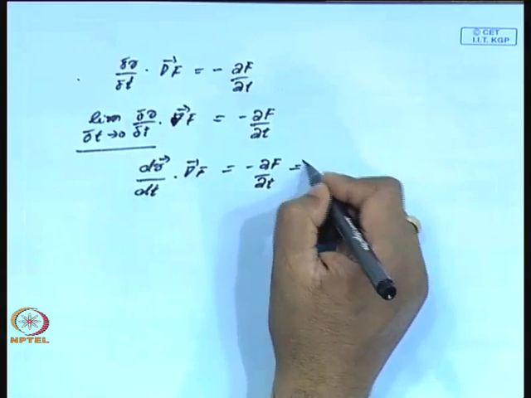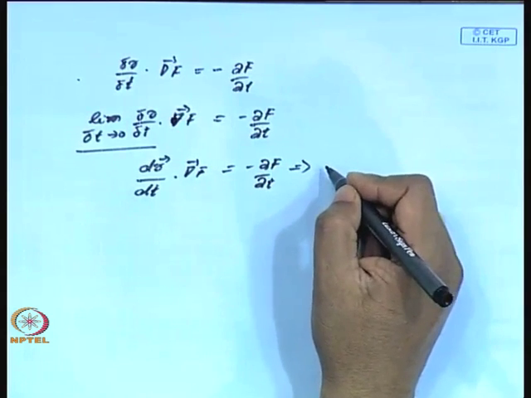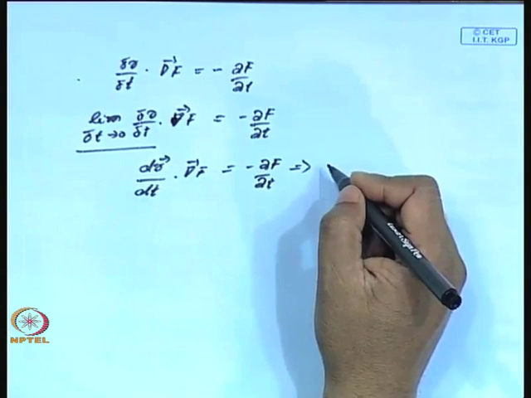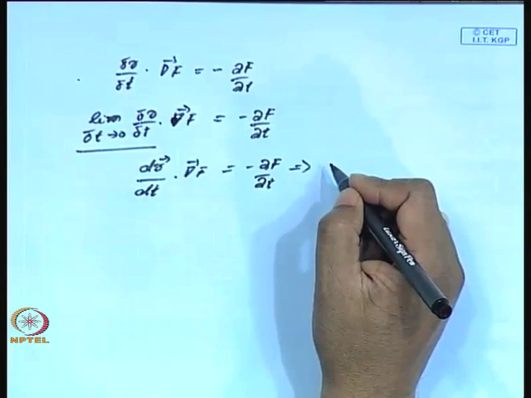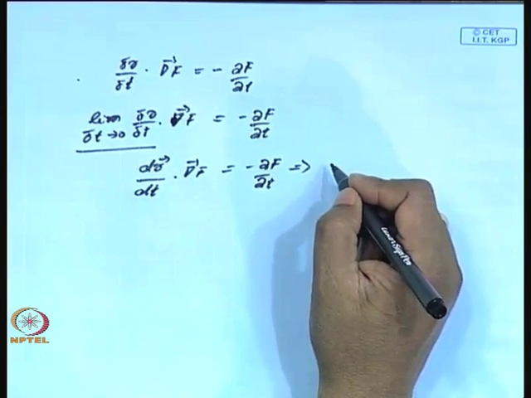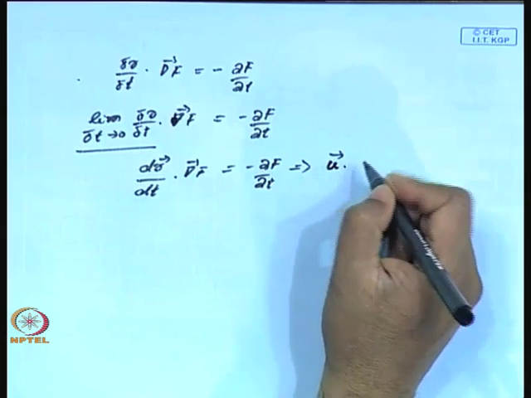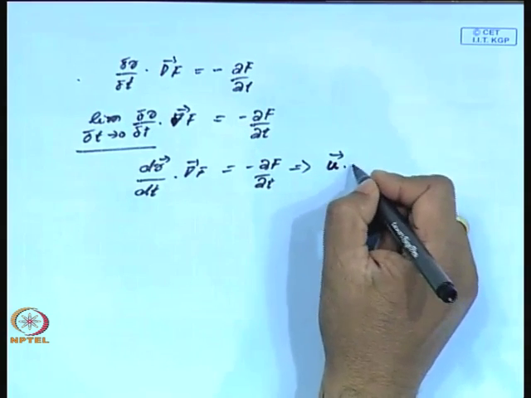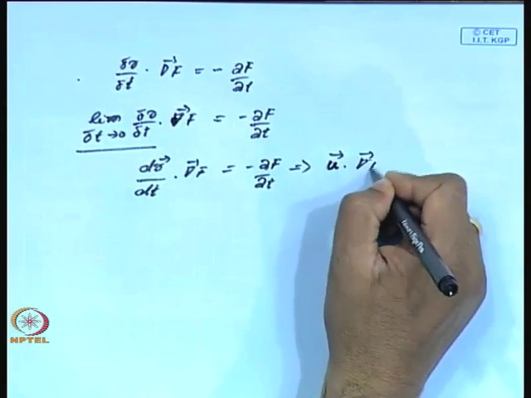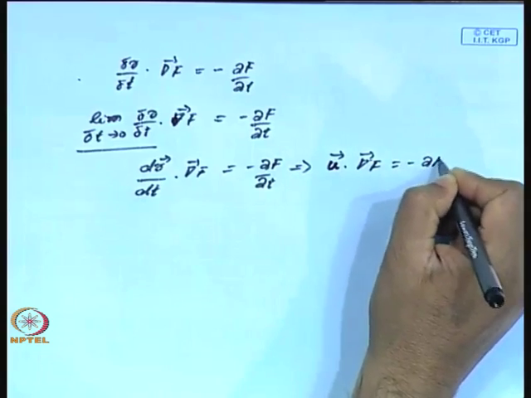Since r bar is a position vector of the surface, dr bar by dt gives us u bar. So, we have u bar dot grad of f is minus del f by del t.